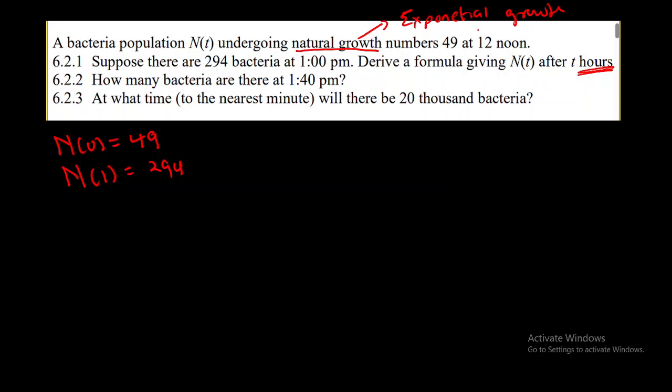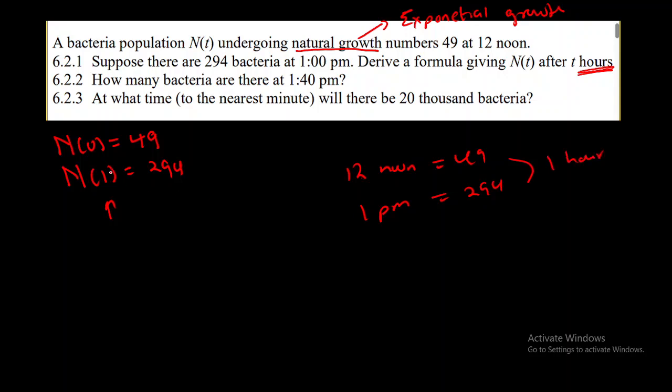It's because we were told initially at 12 noon we had how many bacteria? We had 49. And then the next thing they told us is that at 1 p.m. we are having 294. The reason I used 1 here is because the difference from 12 noon to 1 p.m. is actually 1 hour.